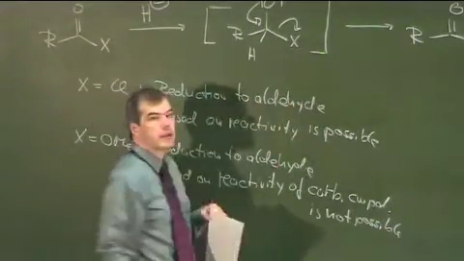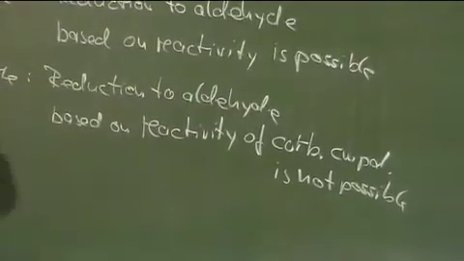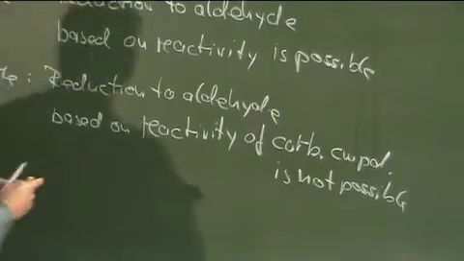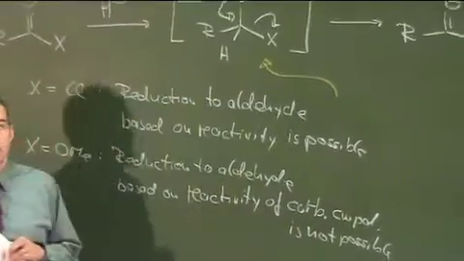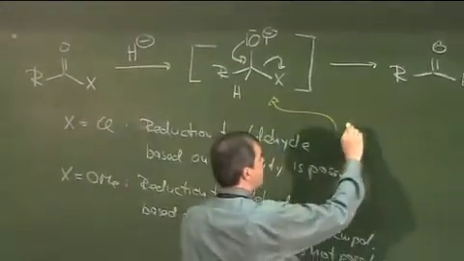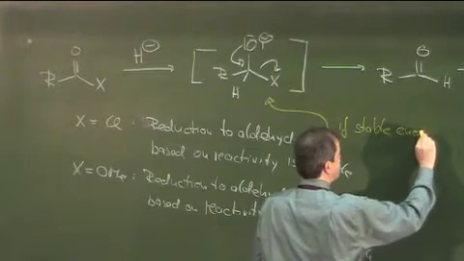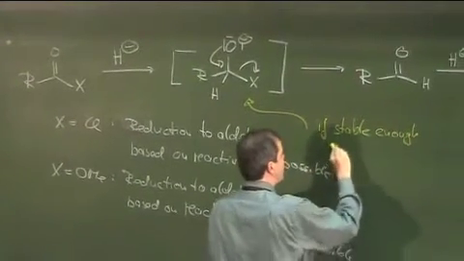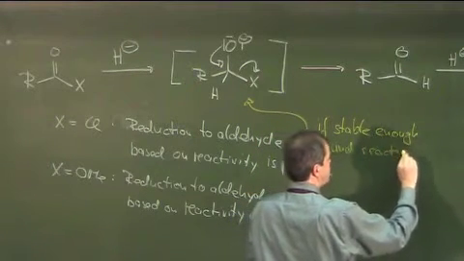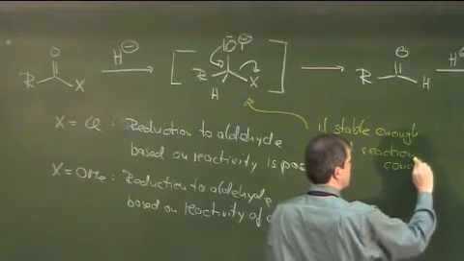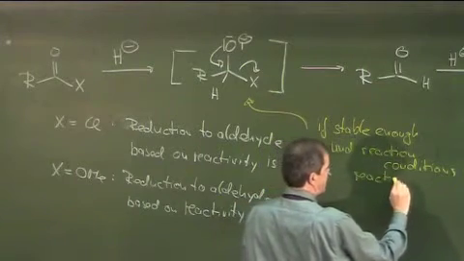If the aldehyde is forming, it will further react in the course of the reaction because it's more reactive than the starting ester. And we talked with the alkyl lithium compounds about this, that one way around this might be that this intermediate is stable enough under the reaction conditions that the reaction can be stopped here.